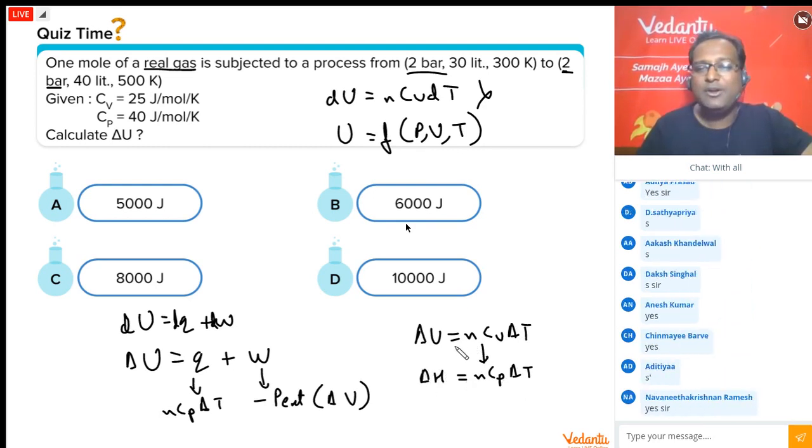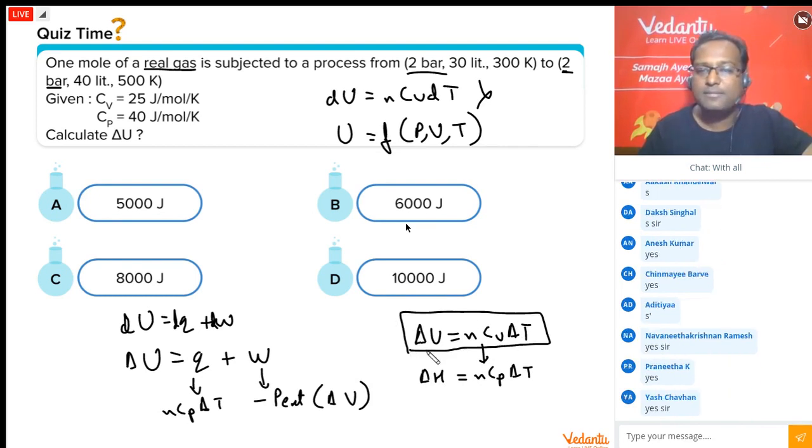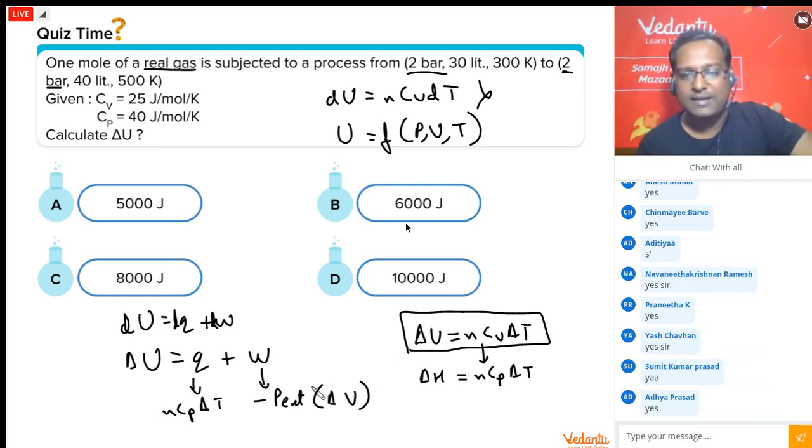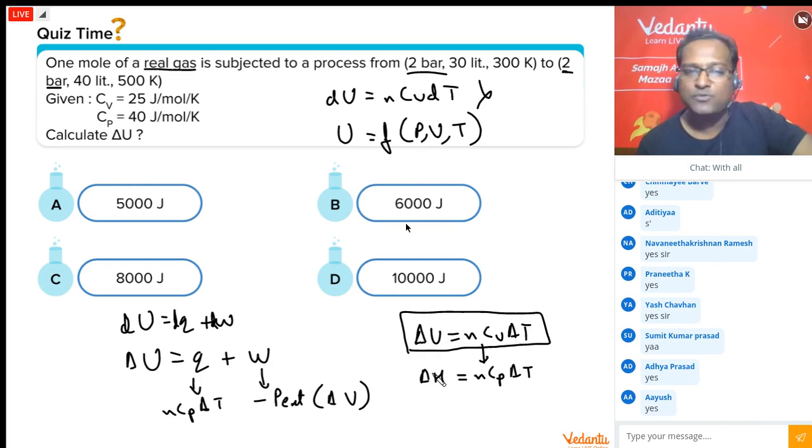So then why am I not getting the correct answer when I use this directly? Valid question, right? Last class, we did something like this only to convert delta U into delta H. So when we solve this question using nCv delta T directly, why don't we get a correct answer?